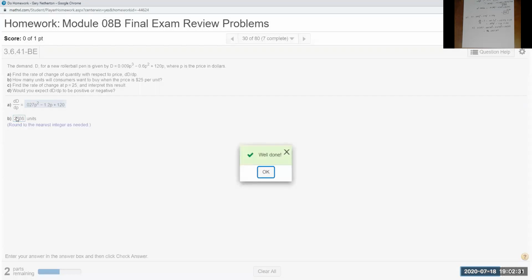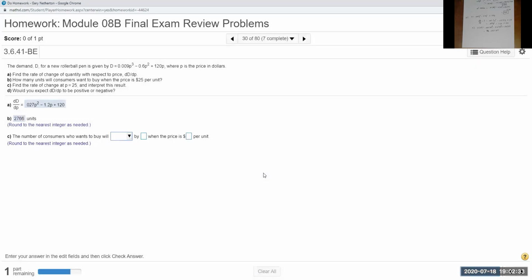Cross my fingers. Nice. Then they say part C is find the rate of change at P equals 25. The rate of change is the derivative. So now I'm going to plug 25 into P in the derivative. I already plugged 25 into the original demand function, which finds the actual demand when the price is 25.